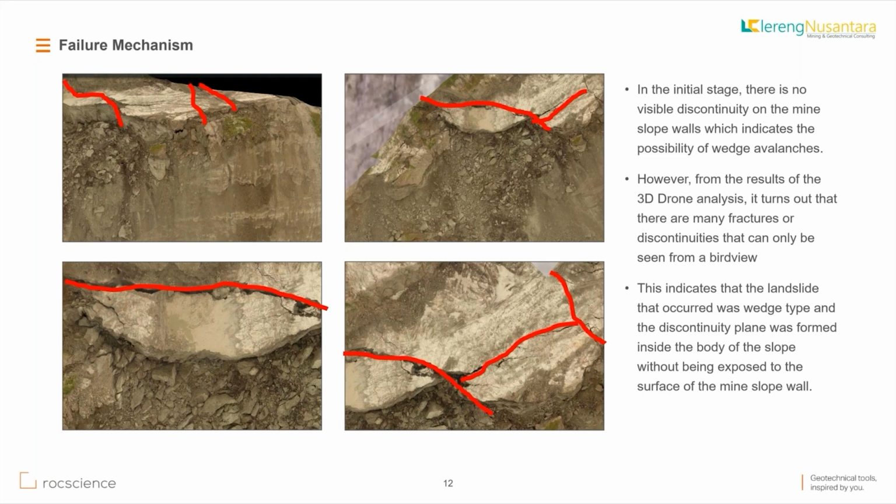But from our 3D photogrammetry, we found a lot of cracks which can only be seen from a bird's-eye perspective. These cracks show discontinuities which generally have two different orientations. They have been there the whole time in the slope body, but there is no sign on the slope wall. Next.